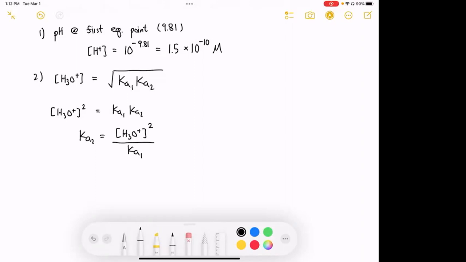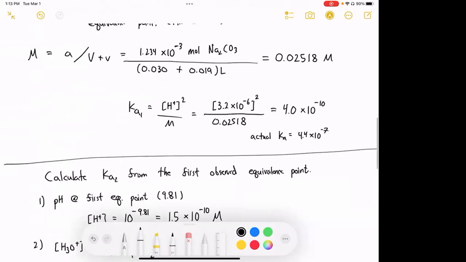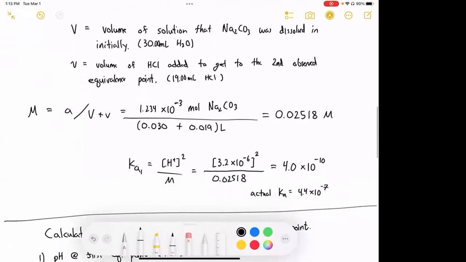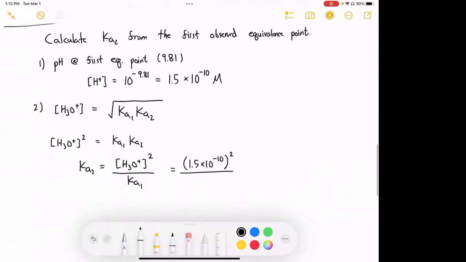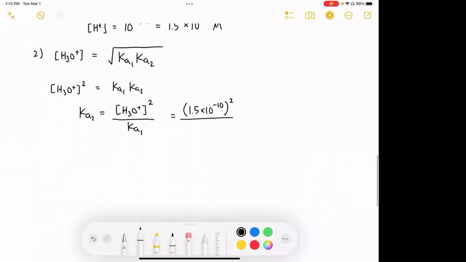Our H3O plus will be 1.5 times 10 to the negative 10 molar, squared. Let's just omit the units because we're going to end up having no units anyway. It does turn into molarity actually, but let's leave it unitless.